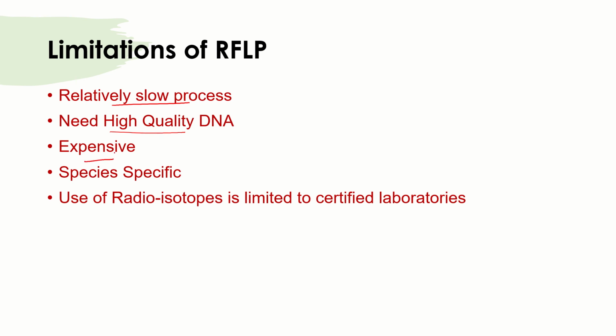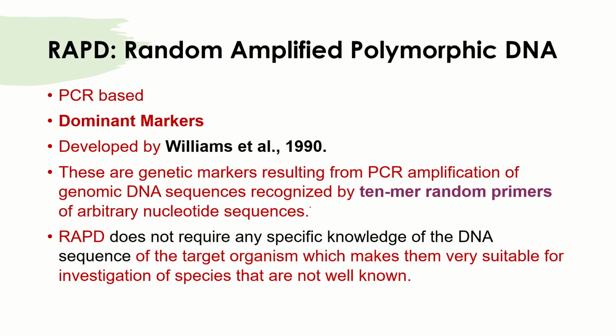It is an expensive technique because you are using radiolabeled isotopes. It's species specific. You cannot apply it to any random DNA sample. You should have information about that. Then the use of radioisotopes is highly restricted. All laboratories cannot go for RFLP. There are only certified laboratories where this analysis can be done.